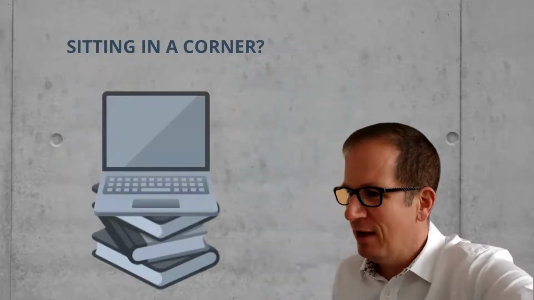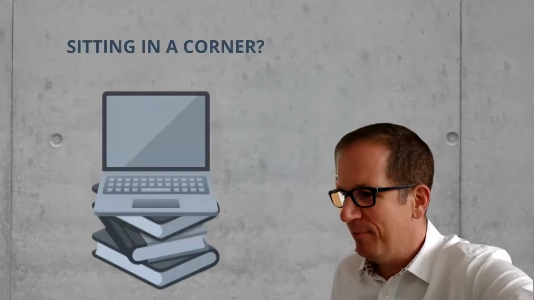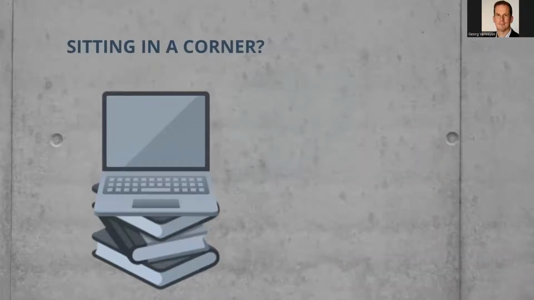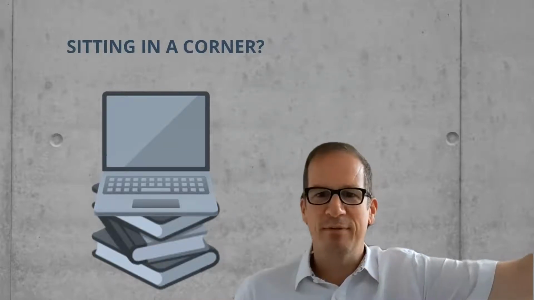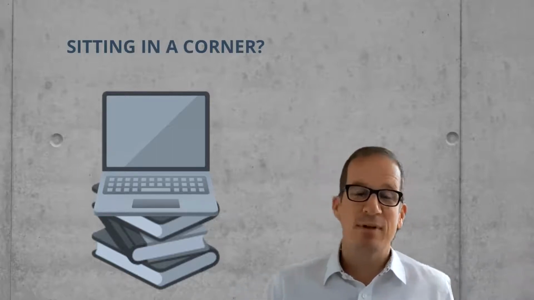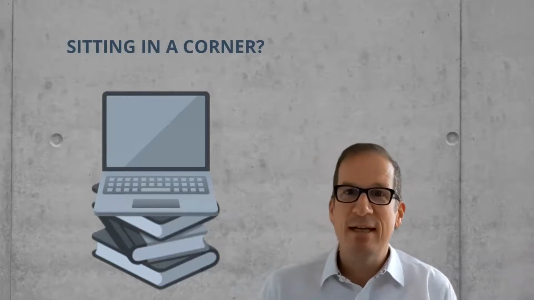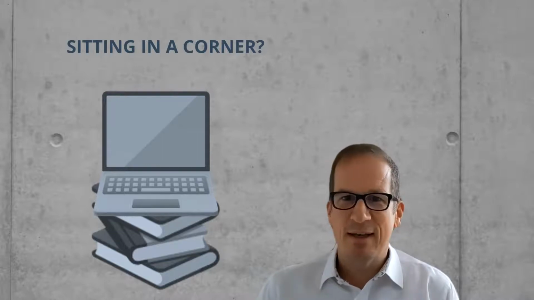Now, what else? Let me just go back to my favorite setting. So what do you do if, let's say, you're sitting in a corner like I do right now?